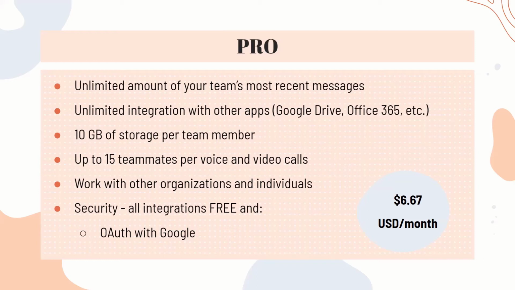You also have 10 gigabytes of storage per team member this time, and you can have 15 teammates on voice and video calls instead of one-to-one, and you can work with other organizations and individuals as well. And for security, all integrations are free, and there's something called authentication with Google, and the price would be $6.67 per month.